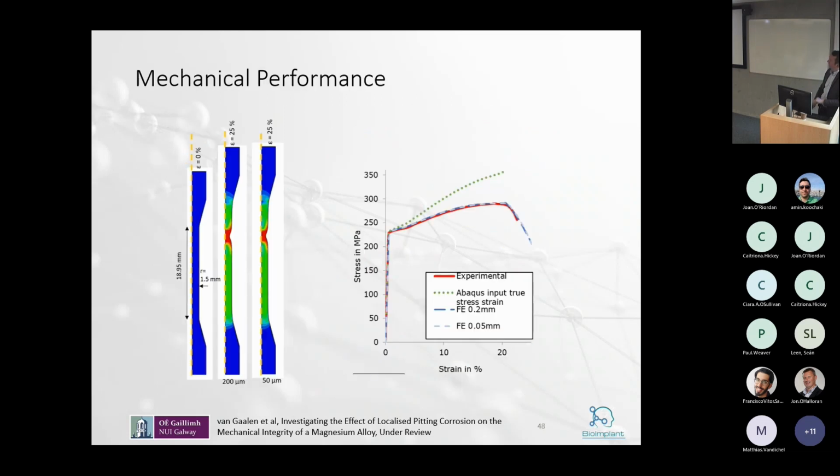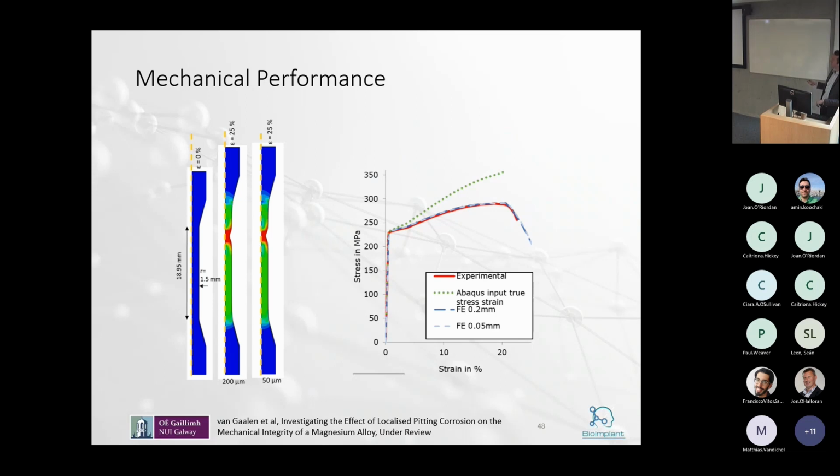And what that allowed us to do was use that model as a way to extend the parameter space of what we could look at mechanically. Okay, so here we model the same dog bone specimens and applied tension to them.